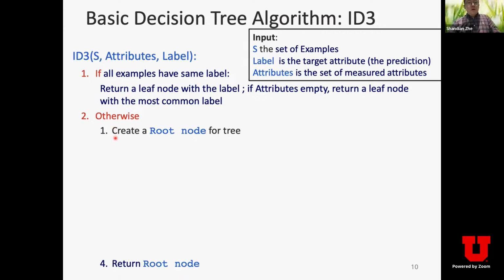So we're going to create a root node for the tree which corresponds to the current subset S. It could be the global root node, or the root node for a subtree.